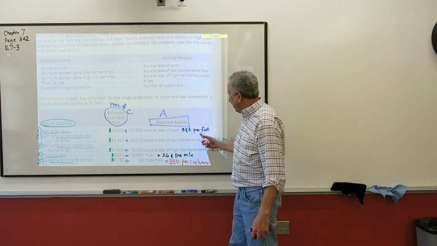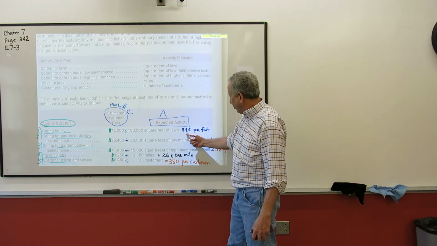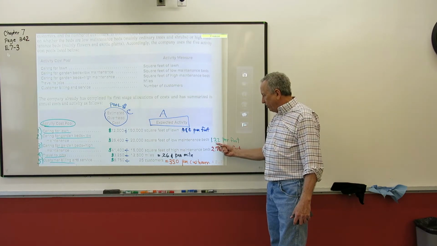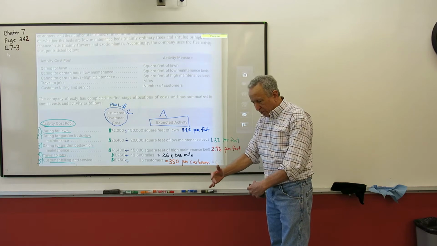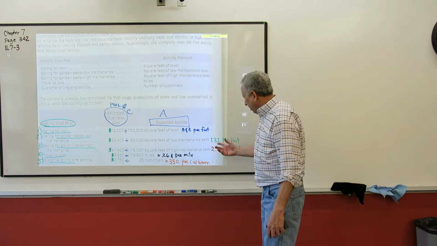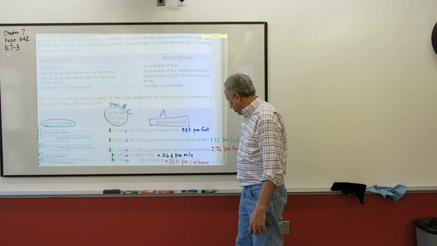And we got 48 cents, in other words, we now know that every time we mow a foot of lawn, it costs us 48 cents. When we do gardening on low maintenance, it costs us $1.32 to till and put on sprays and fertilizers. And it costs us annually $350 per customer.